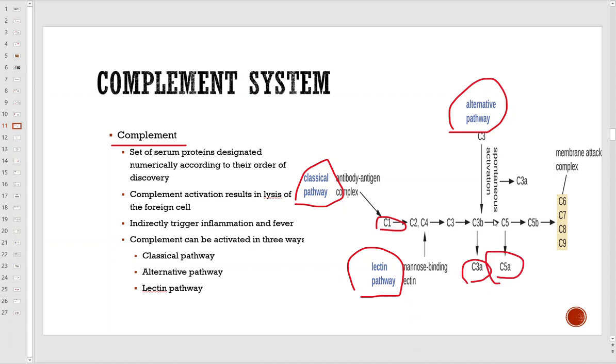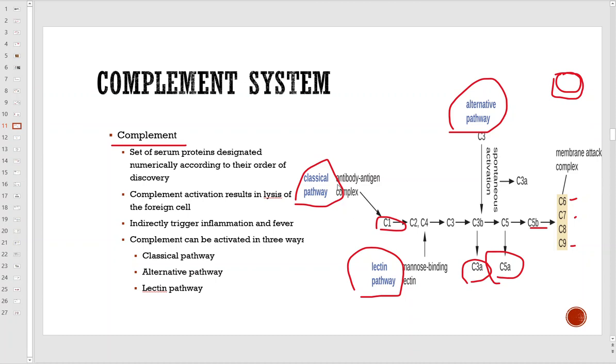C3b is going to interact on C5, and it's going to cause it to split. C5b is going to interact with C6, 7, 8, and 9, and these guys are going to form a ring structure that is going to basically punch a hole in the bacteria and cause it to lyse. That's our complement. Complement is very important for our immune defenses.